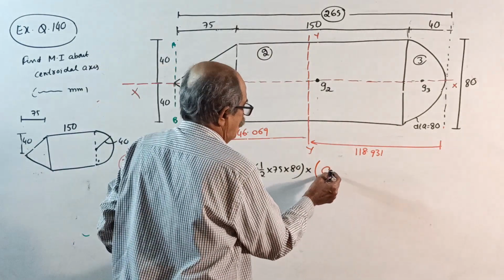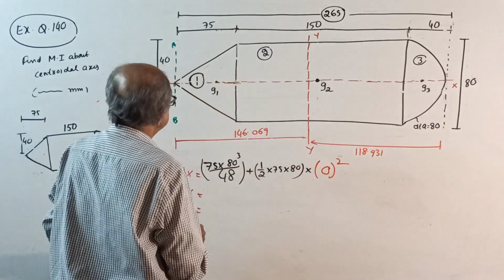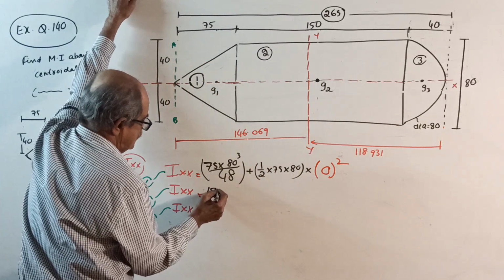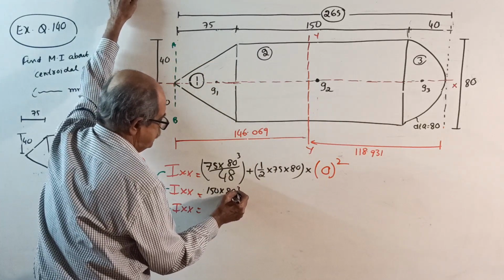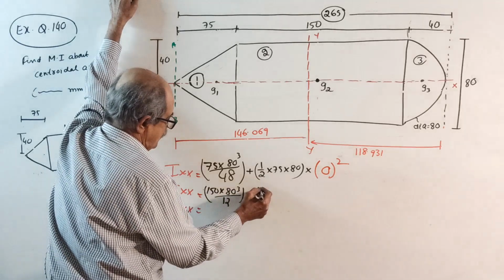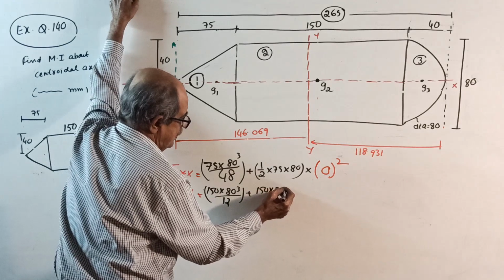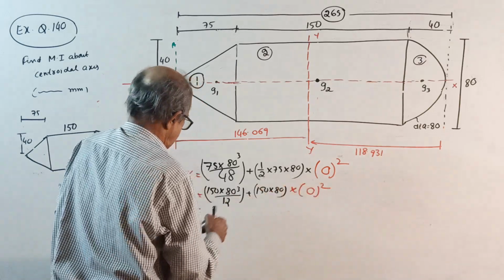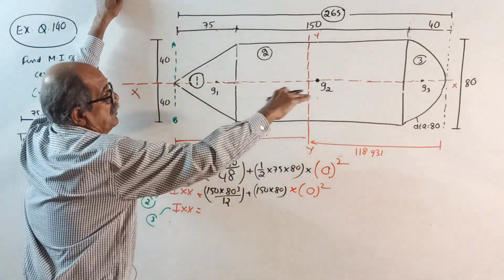Into 0 square. Why 0 square? You think. Second one, 150 into 80 cube divided by 12 plus 150 into 80 is the area into 0 square again. Okay. Last one, I about xx.